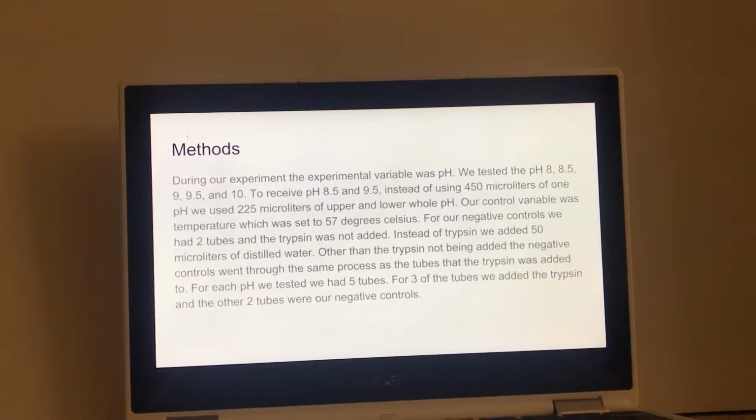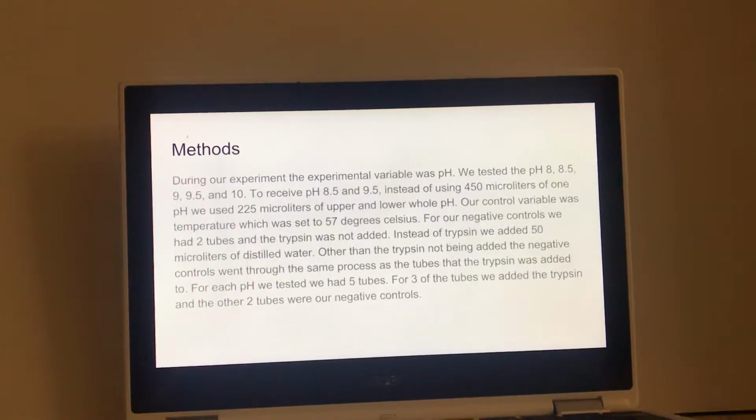For the half pHs, we combined two buffers: for 8.5, we used 225 microliters of pH 8 and 225 microliters of pH 9, equaling 450 microliters.